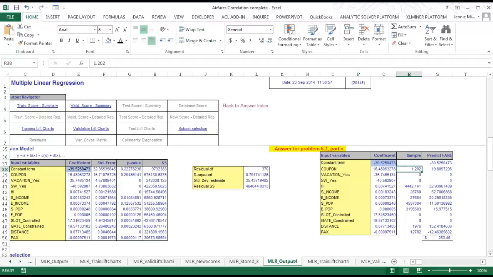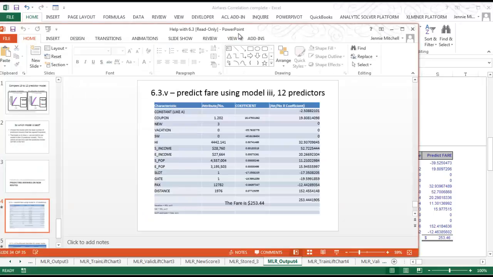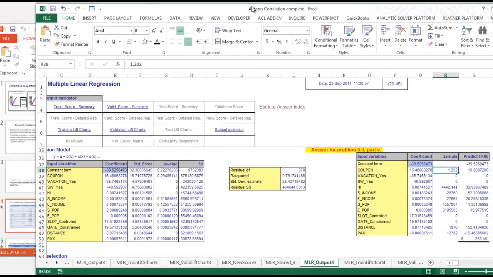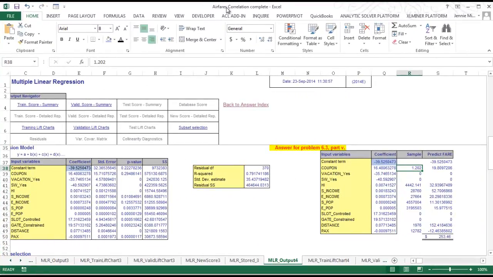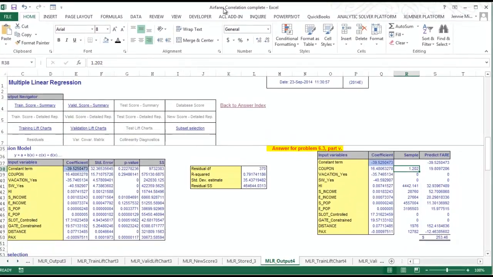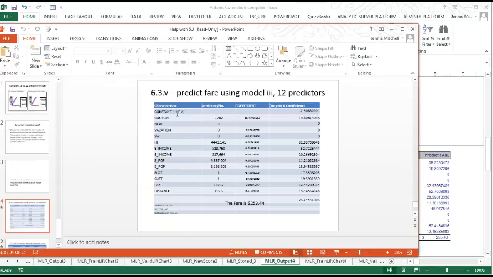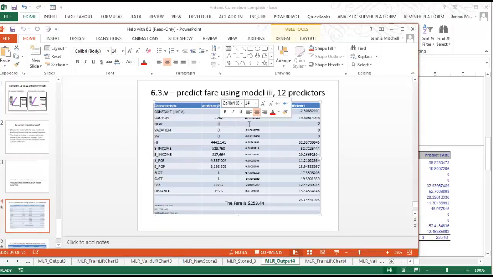And in fact, let me bring over the PowerPoint slide here. And I've lost my PowerPoint wherever it went. Let me pull it up again. Okay, this is showing you that if I had put new in there, even if I had a zero coefficient, in the 12 predictor model we didn't use new, so then it's just zero across.